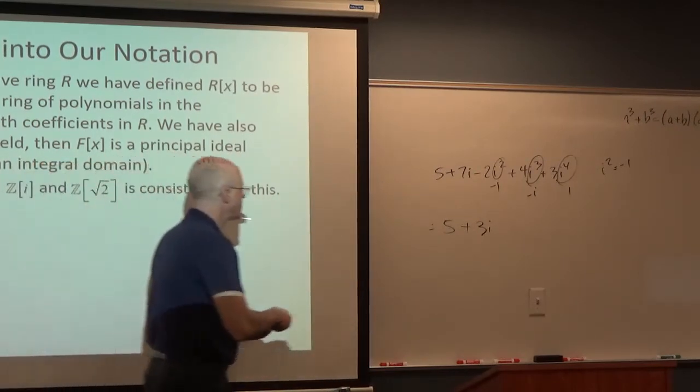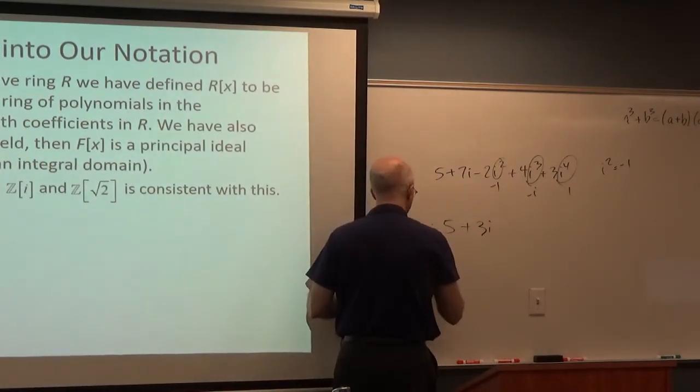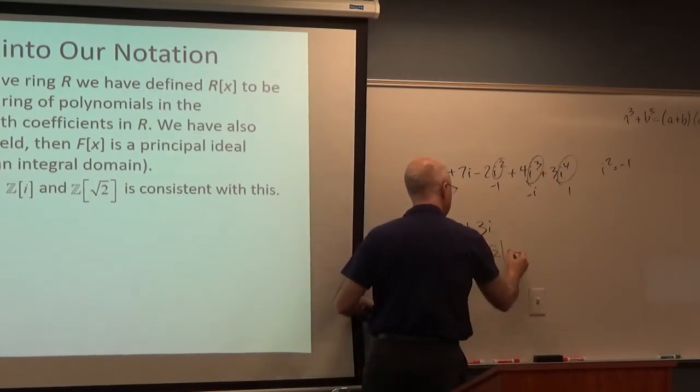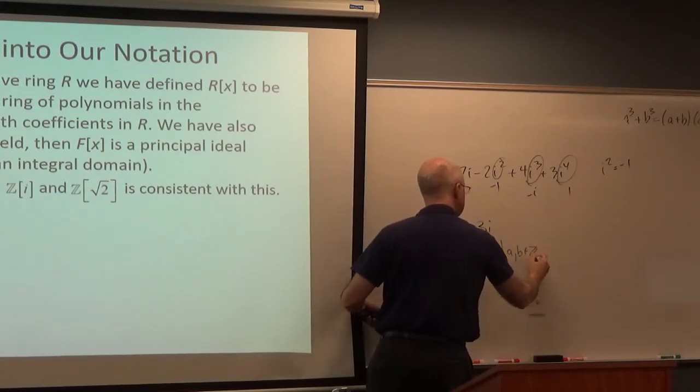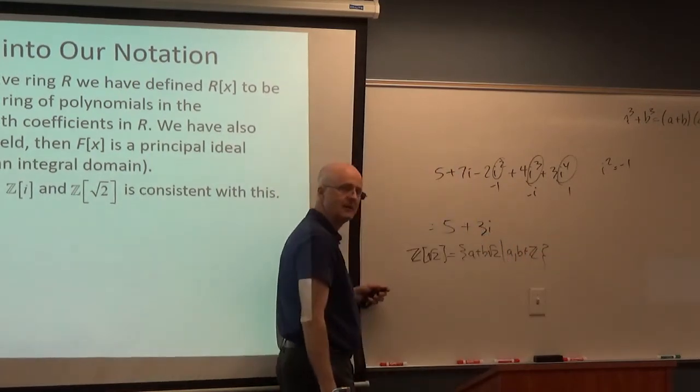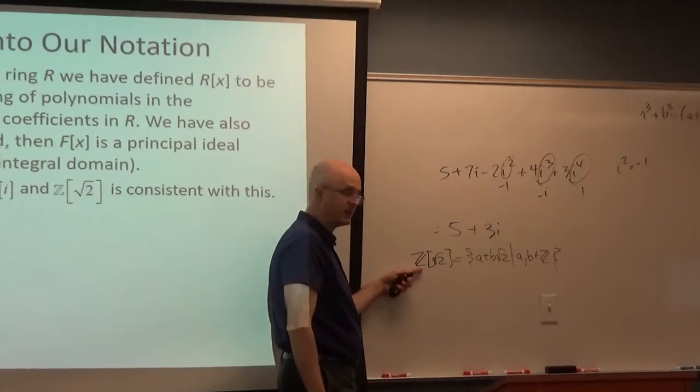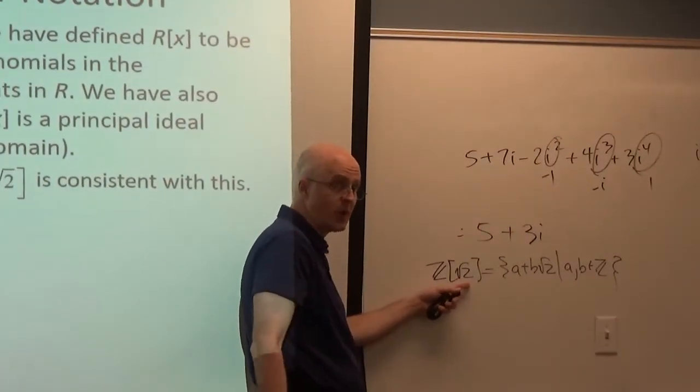Z adjoining root 2, that's a ring where we've said it looks like this. But this could also be thought of as polynomials in the indeterminate root 2.